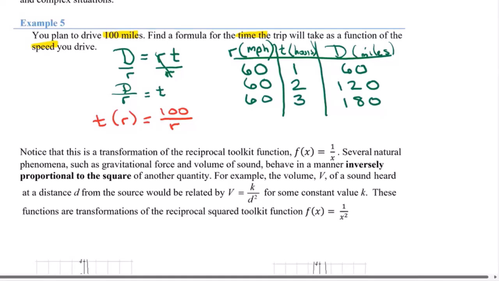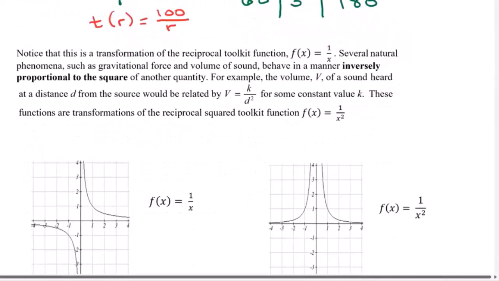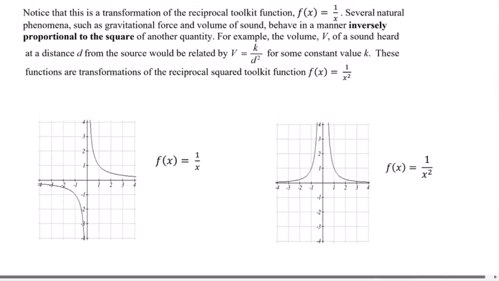For example, the volume of a sound heard at a distance d from the source will be related by v equals some constant over d squared. These functions are transformations of the reciprocal squared toolbar function f of x equals 1 over x squared. And we've already gone over all the toolbar graphs, right? This is 1 over x, and this is 1 over x squared. I just put those here to remind you.